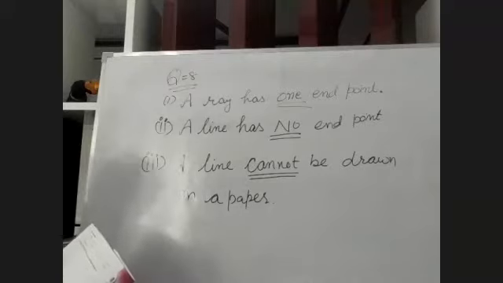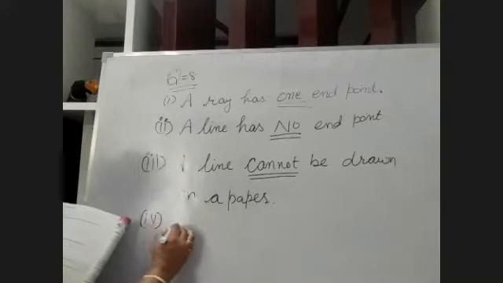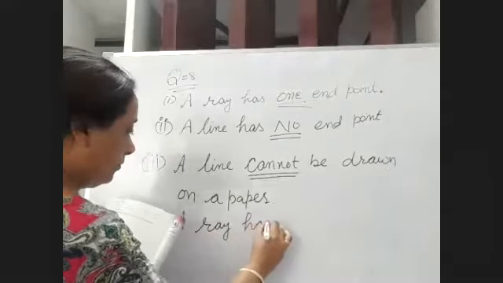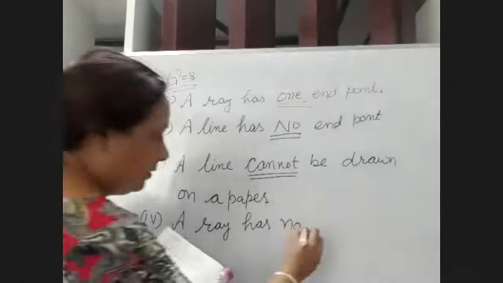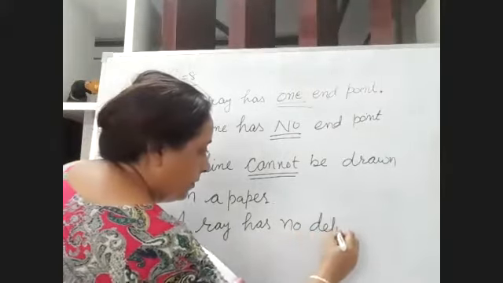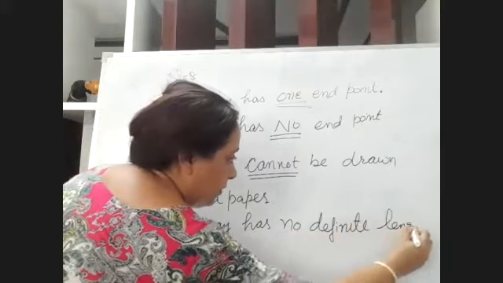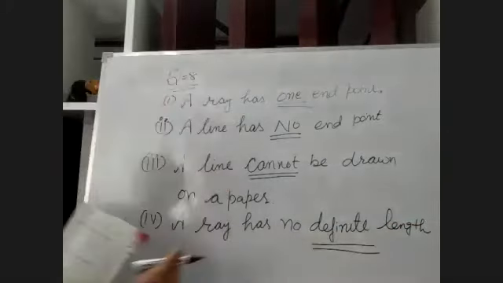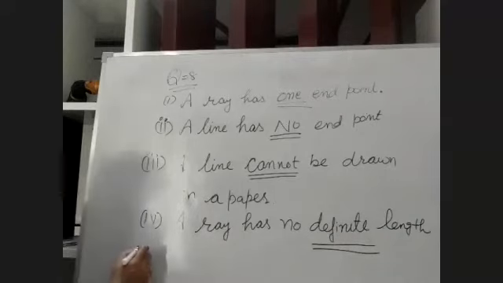So we don't have any definite length. Fourth: a ray has no definite length.